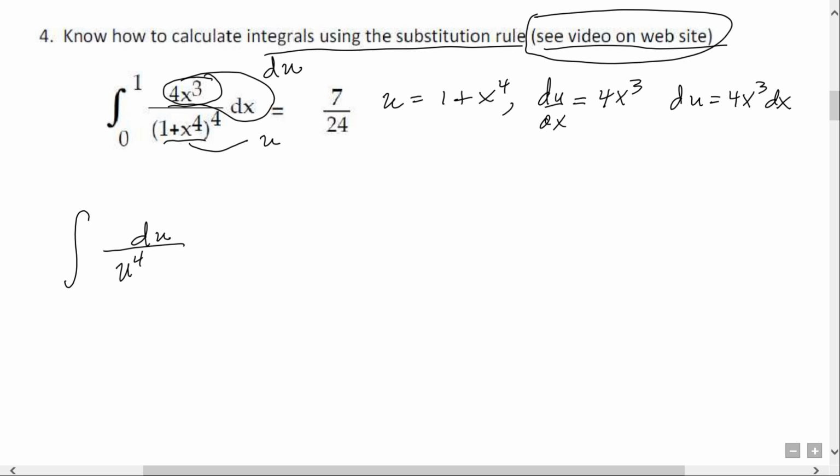We have to replace the upper and lower limits of x by upper and lower limits of u using the substitution.